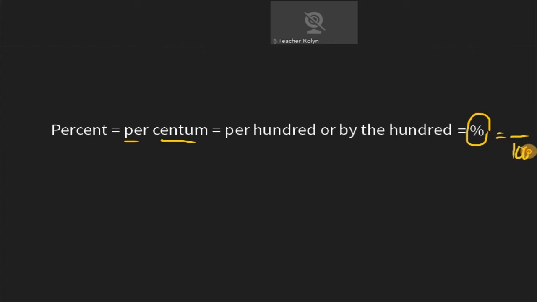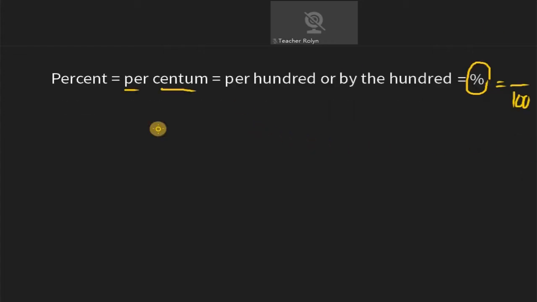So, ibig sabihin, if we have 25%, this is also 25 over 100 because the symbol percent is over 100 or per hundred or by the hundred.